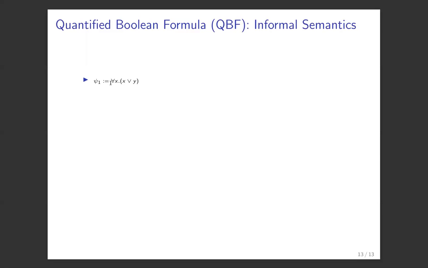If X is 0, so this formula is true if it is true for every possible instantiation of X. So you will have to analyze 0 and 1. What you said is correct, you can always choose Y to be 1, so that you can make this formula true regardless of what you instantiate X with. That's why this is satisfiable. By making Y to be 1, you can always make it satisfiable. But Y equal to 0 is not a satisfying instance of this, correct?